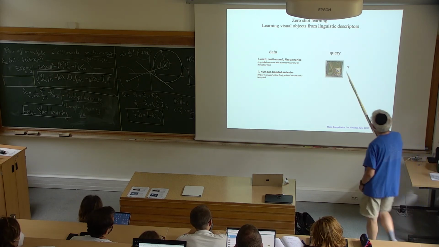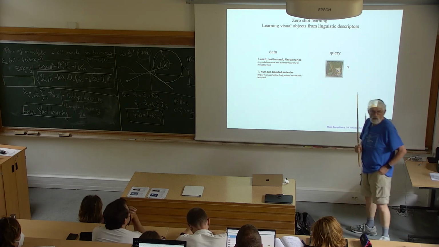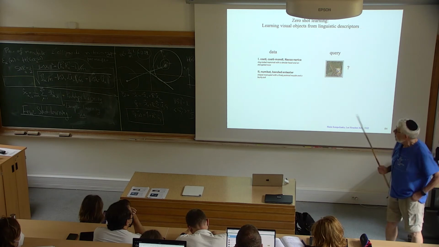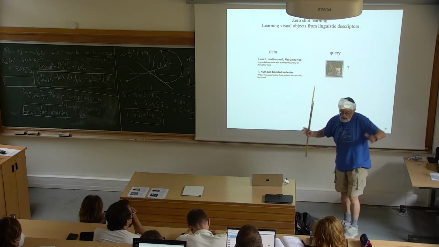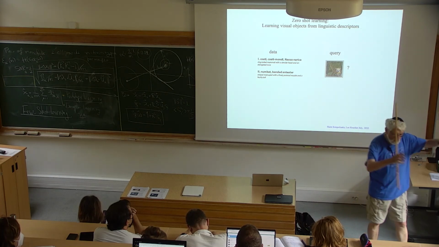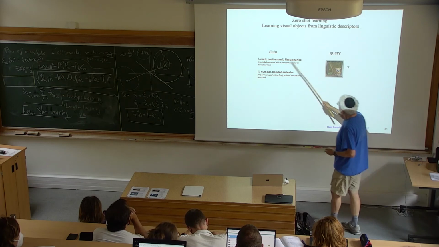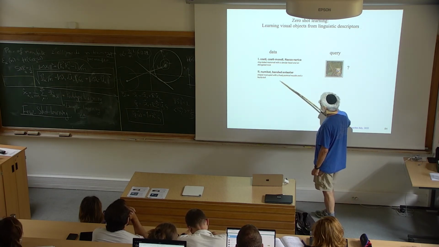Zero-shot learning means there is no data about the new classes from vision, but we have a linguistic descriptor. In ImageNet, luckily enough, all the classes, trained or held out, come with a linguistic annotation.